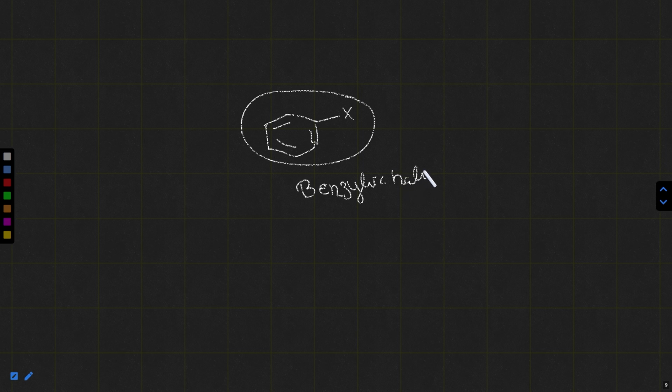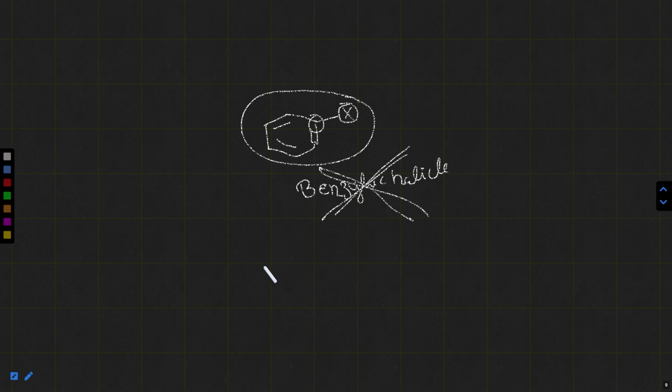halide. Why? Because this X should not be attached to a carbon that is a part of the aromatic system. Since this is attached directly to the carbon which is a part of the aromatic system, we will not term it as a benzylic halide. This is not a benzylic halide.